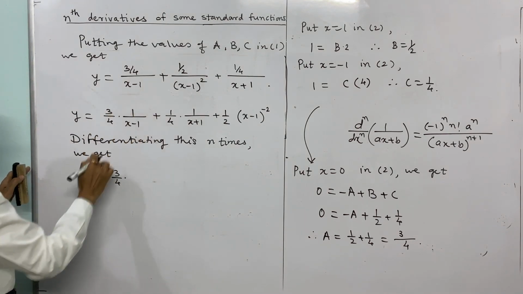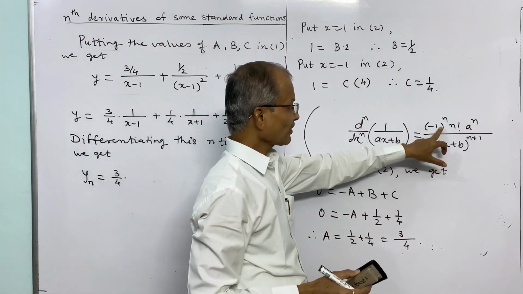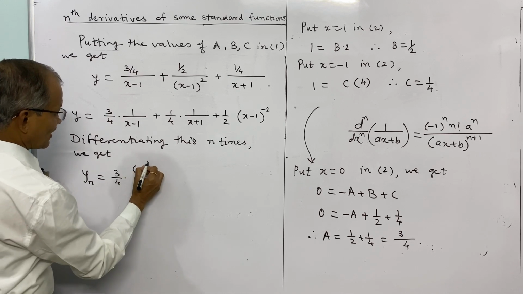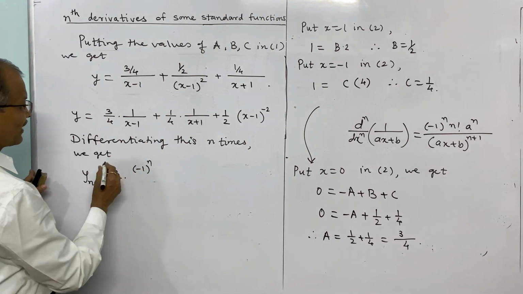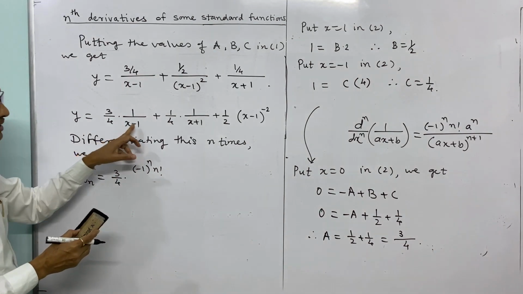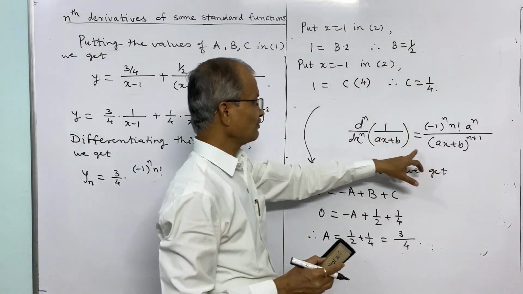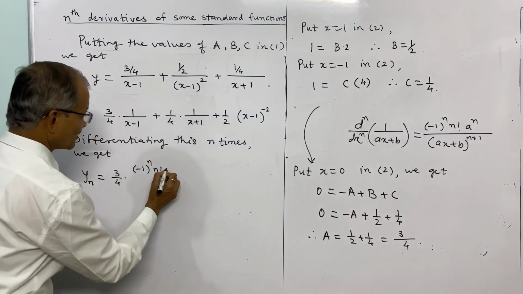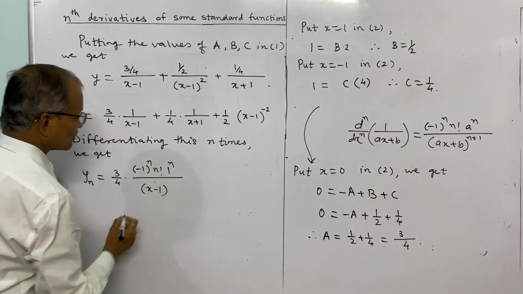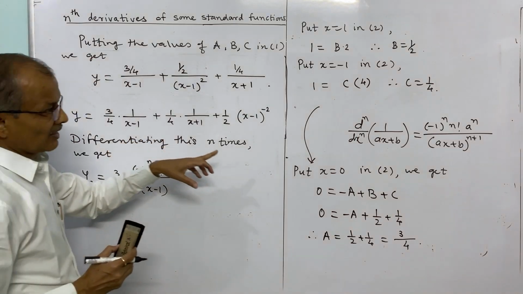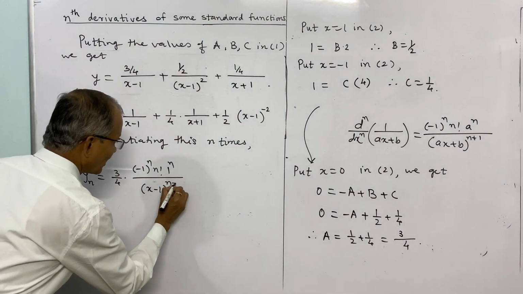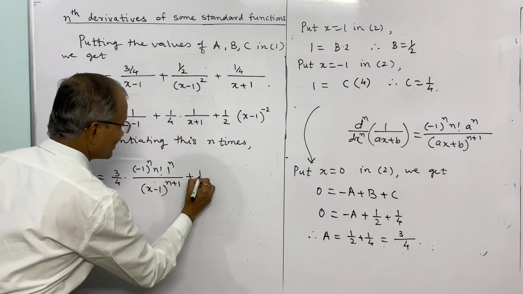For the nth derivative of this function, we use this formula: minus 1 to the power n into n factorial, and a here is 1. So ax plus b, a is 1 and therefore 1 to the power n, divided by x minus 1 to the power n plus 1, and plus this is 1 by 4.